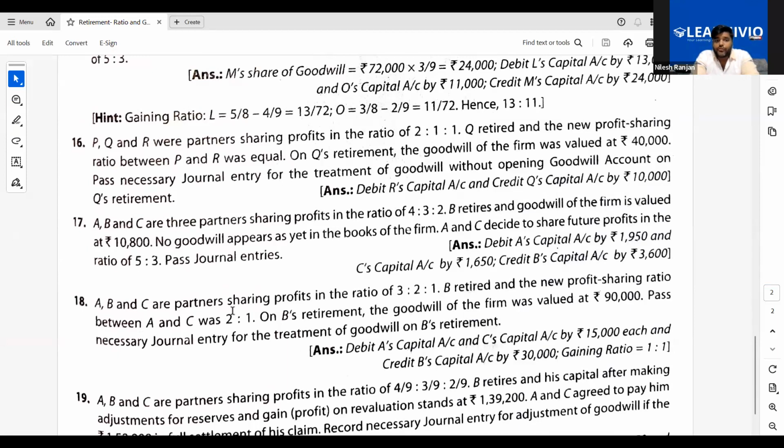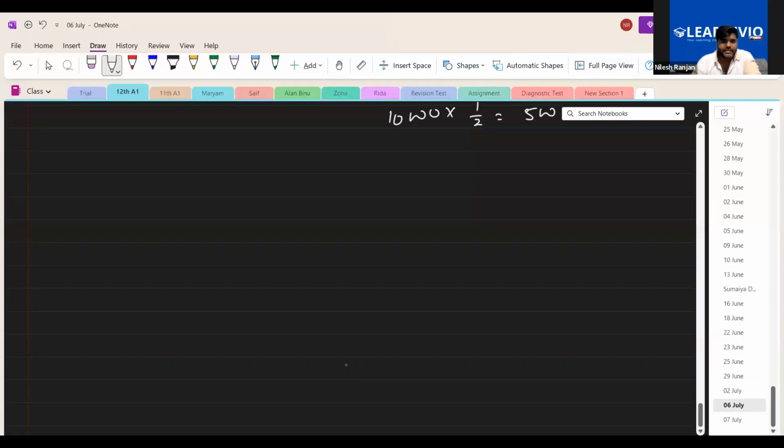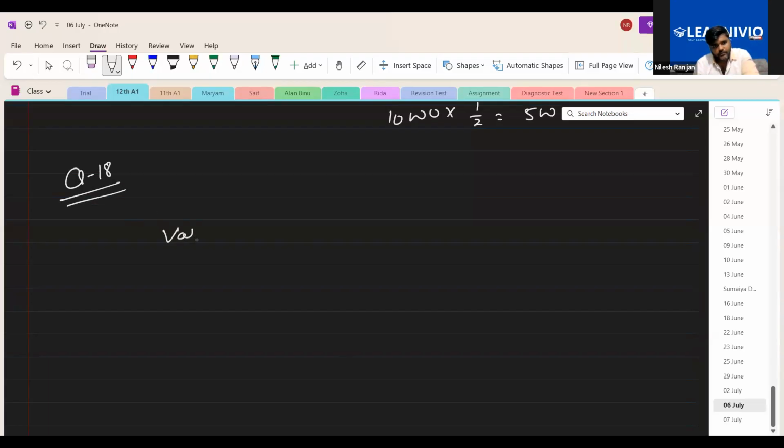B retired and the new profit sharing ratio between A and C was 2:1. On B's retirement, the goodwill of the firm was valued at 90,000. Pass the necessary journal entry for the treatment of goodwill on B's retirement. So first of all, the value of goodwill is 90,000.